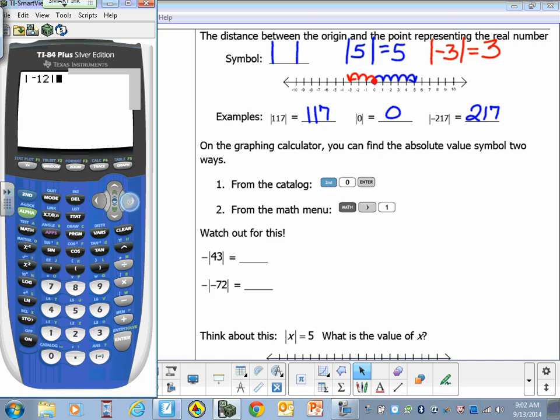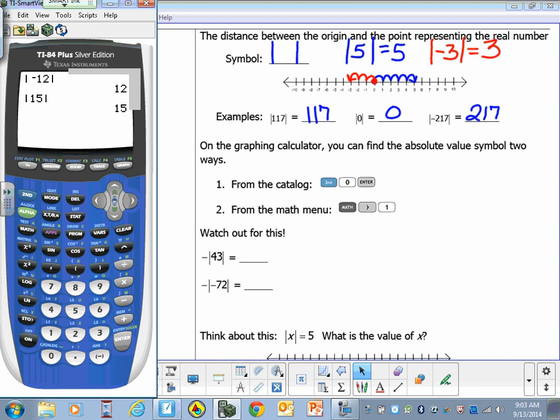Make sure you arrow out of the absolute value symbol before you press enter. The absolute value of -12 is 12. If I wanted to find the absolute value of 15: second, catalog, absolute value, 15, arrow out, enter.